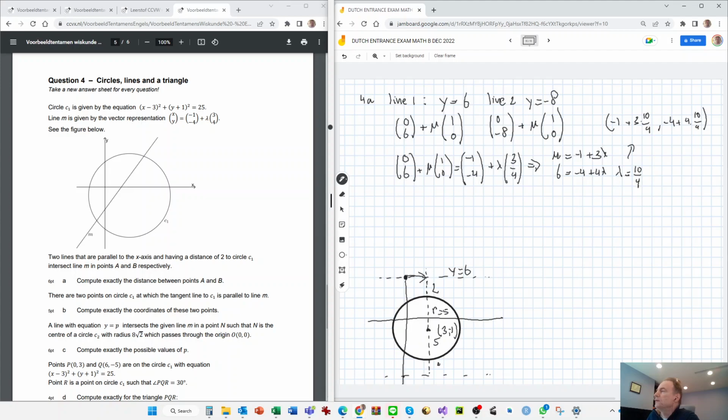This is 30 divided by 4 minus 4 over 4, so it's 26 over 4, and this is -4 plus 10.